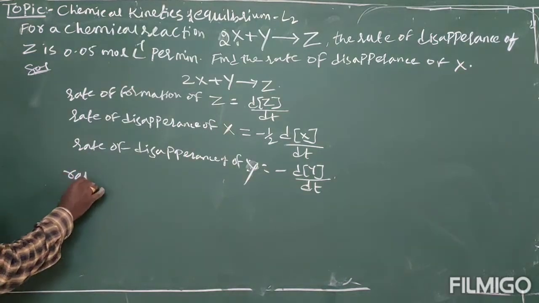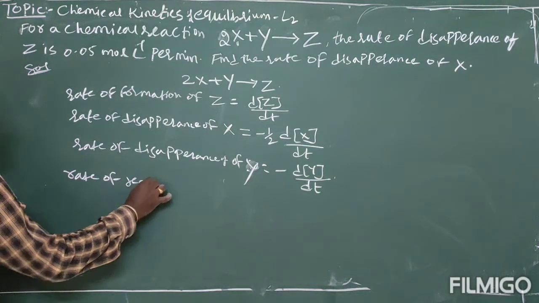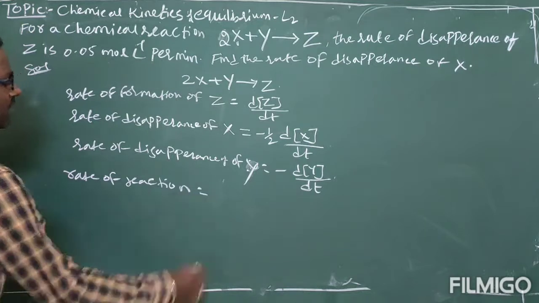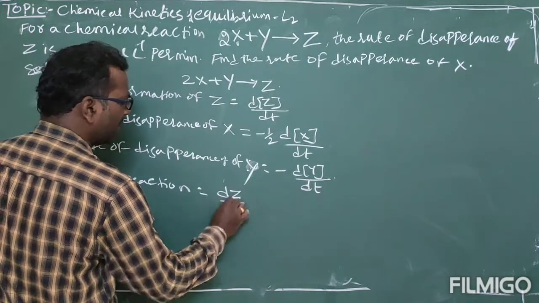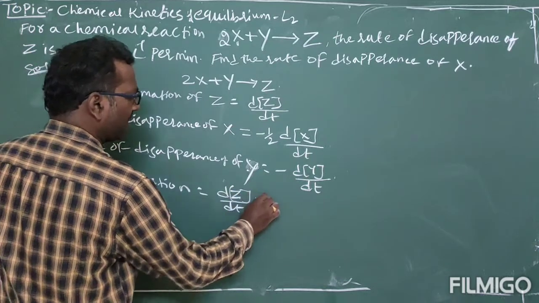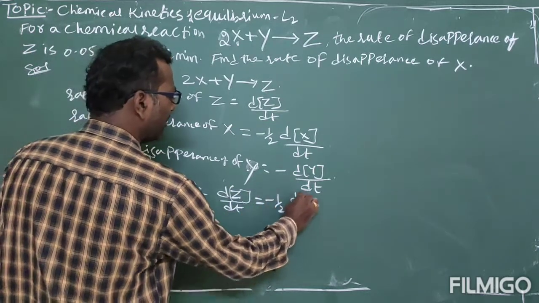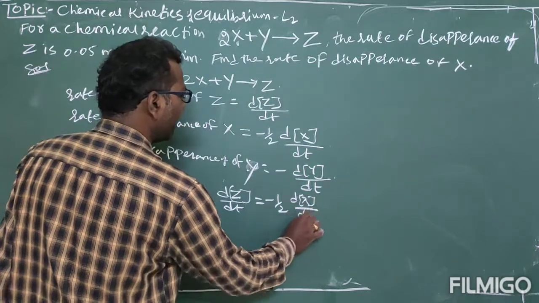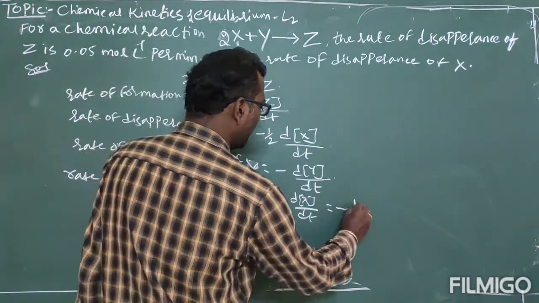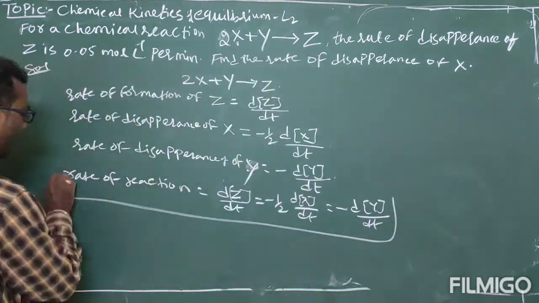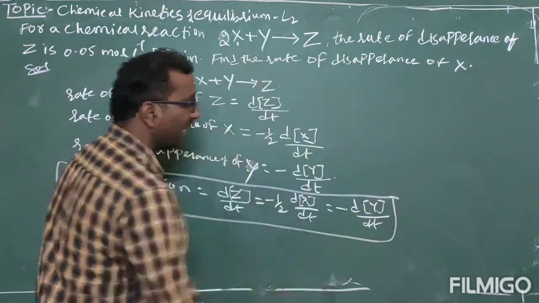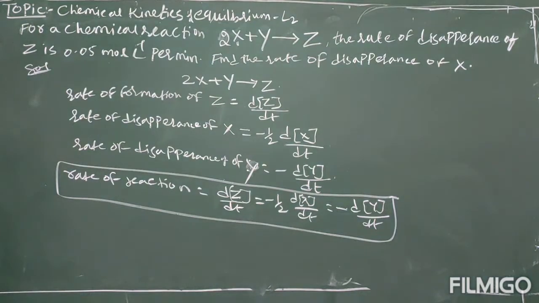Rate of reaction is dz by dt, which is equal to minus half of dx by dt, which is equal to minus dy by dt. Why is there a minus? It is a reactant. It should be understood that it is a reactant.